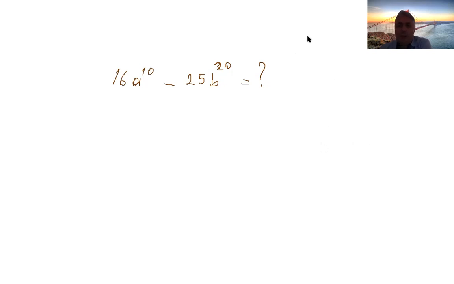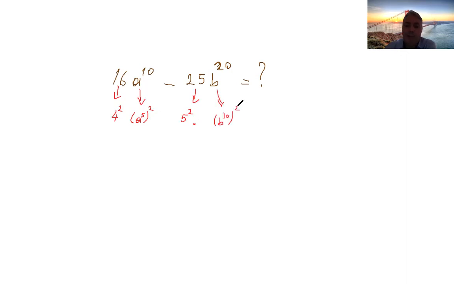Okay, let me write the solution step by step, and you check your answer by yourself. 16, I can say 4 to the power of 2. a to the power of 10, I can say a to the power of 5 to the power of 2. 25, I can say 5 to the power of 2. b to the power of 20, I can say b to the power of 10 to the power of 2.